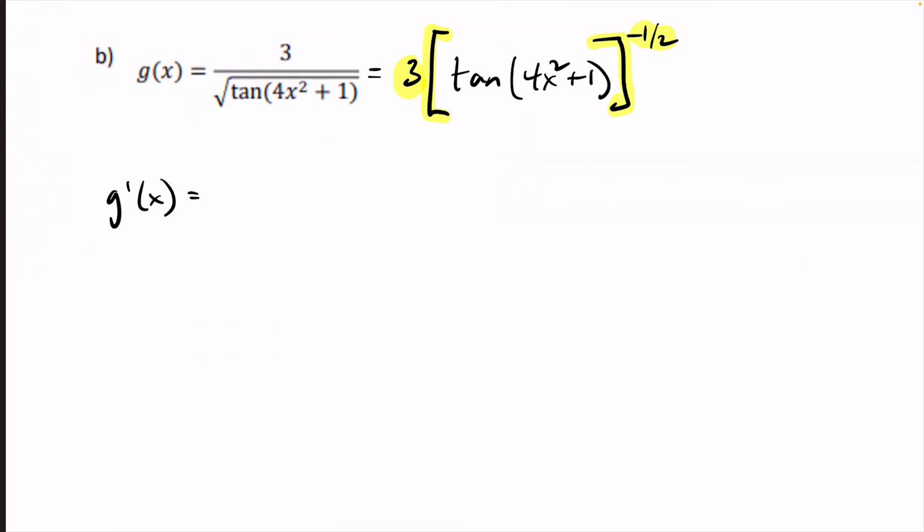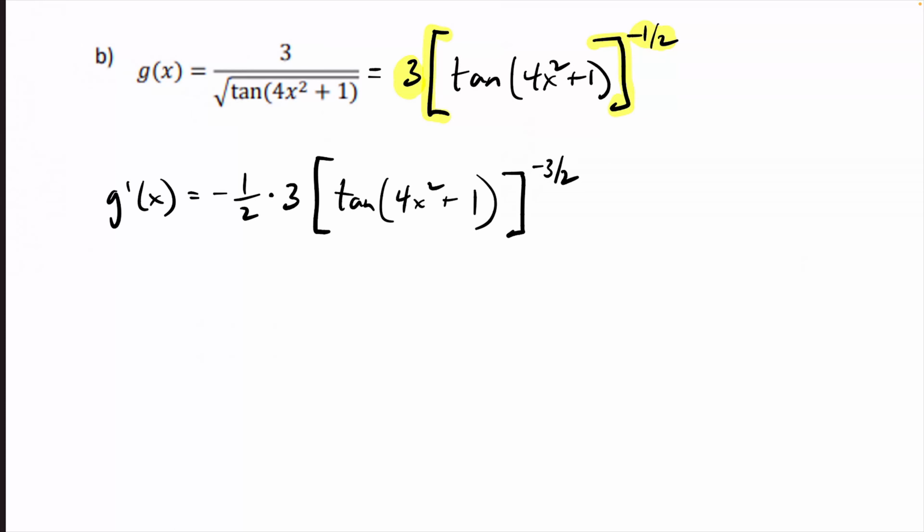The power rule says take the old power and multiply it times what was in front already, and then subtract a whole power, negative 3 over 2. Rewrite what was already on the inside. That's the first layer.